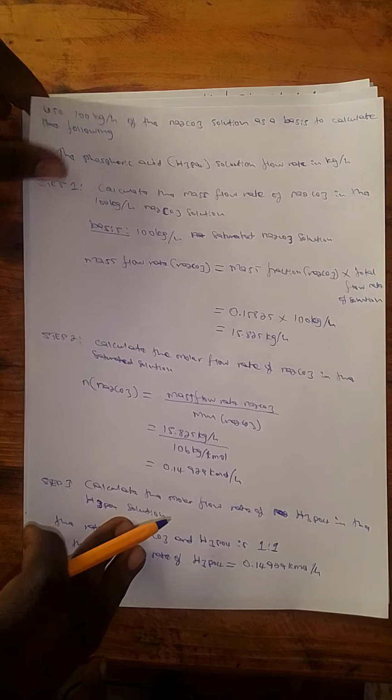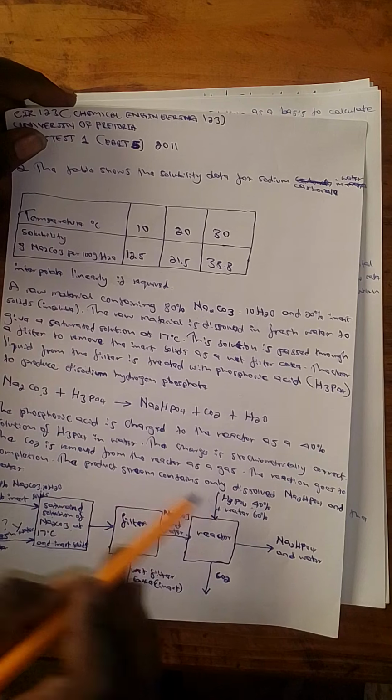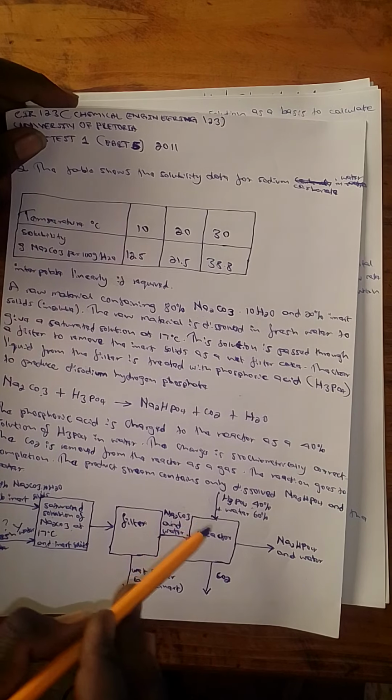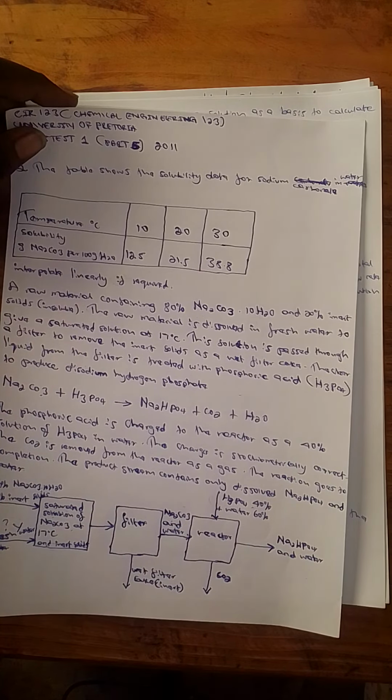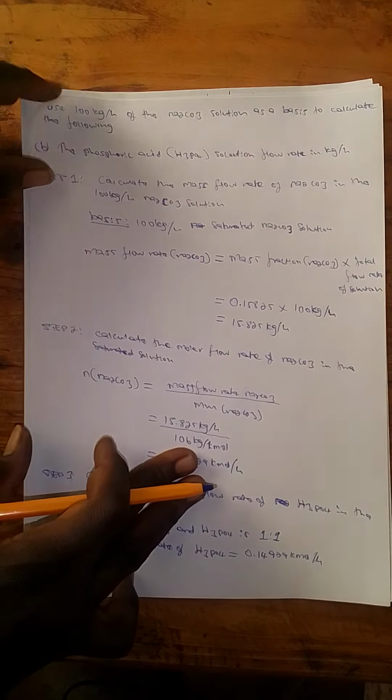Now that we know the mole flow rate of H3PO4, we can use it to calculate the mass flow rate of H3PO4, and that is our step 4.